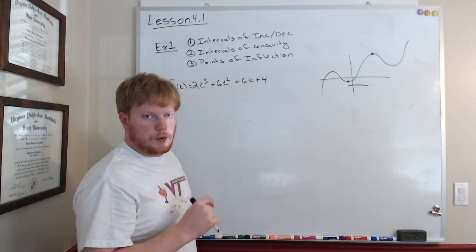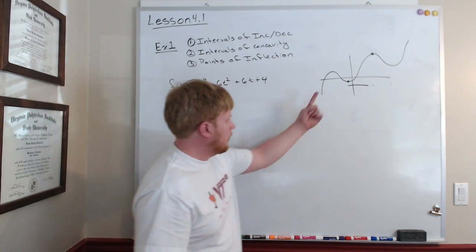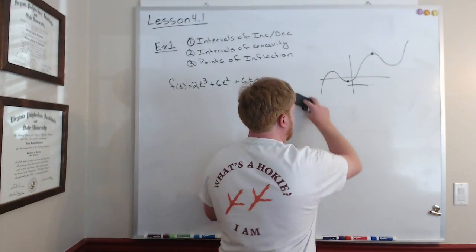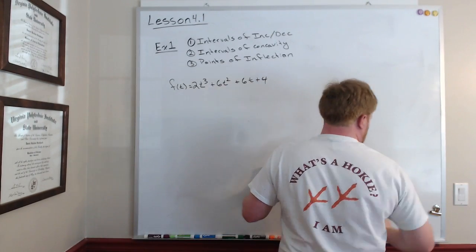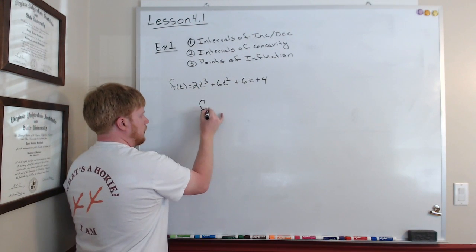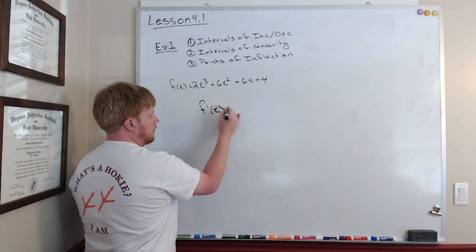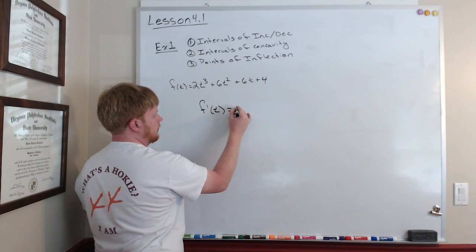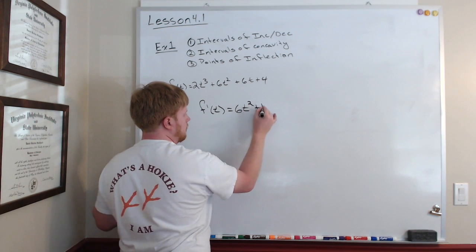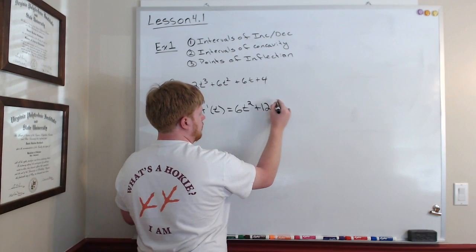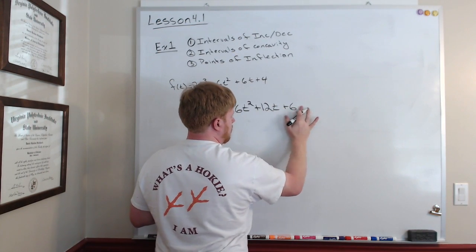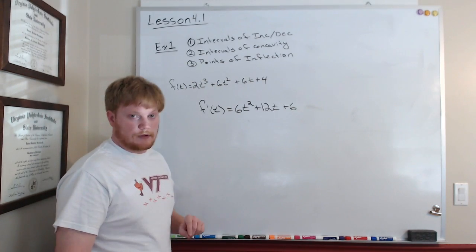So what I want to find is these critical points, these maximum and minimum values, or where they're happening. That's why we call them critical points. So to do that, I want to know where the first derivative is equal to 0.